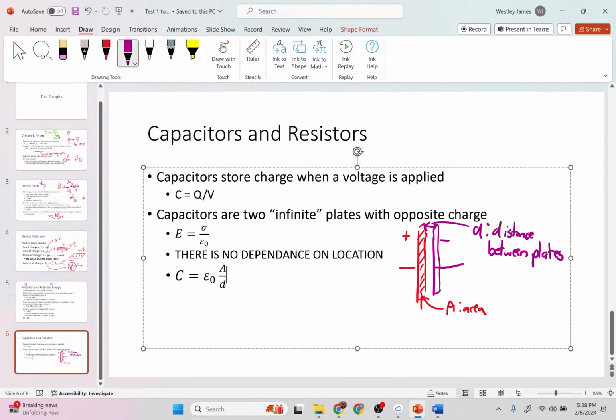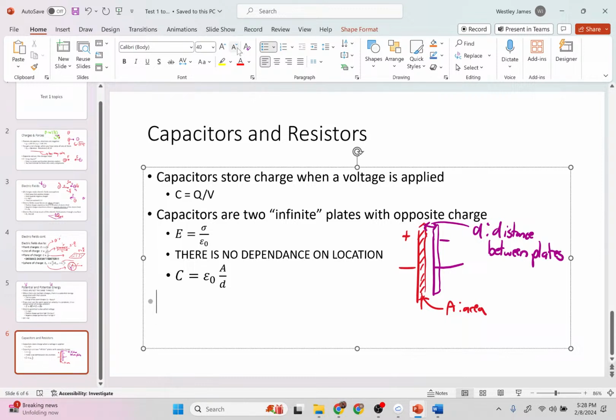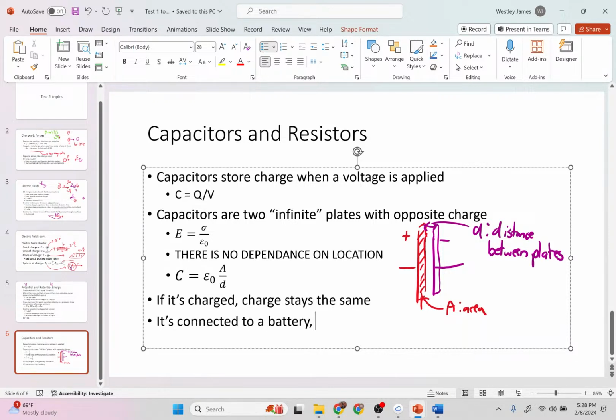Now, remember I did those 3 clicker questions in a row where I said, hey, this happens, what stays the same? If it's charged, charge stays the same. If it's connected to a battery, voltage stays the same.